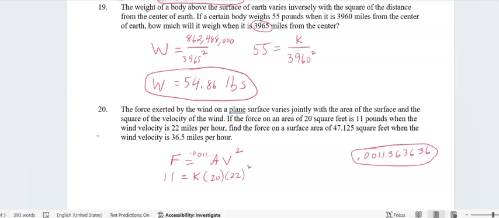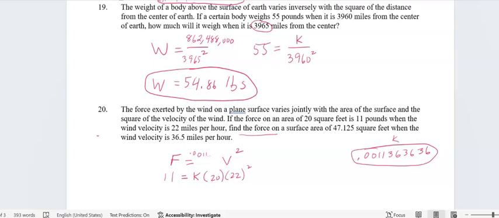Okay, so now that we know what our equation looks like, we can answer this question. Let's find the force. Okay, so force is going to be found by taking our K value, multiplying by 47.125, that's the area.